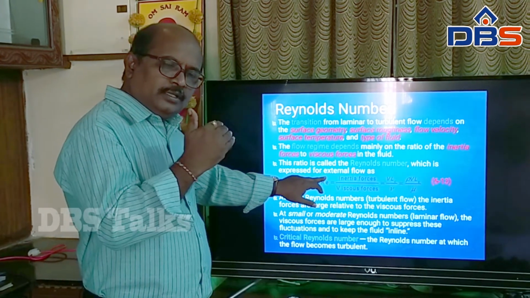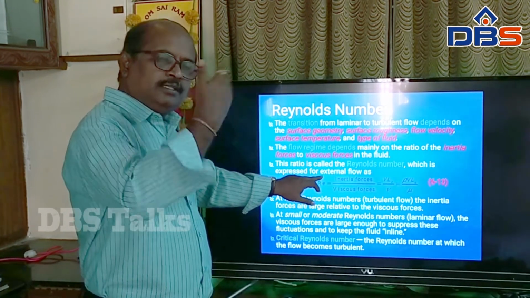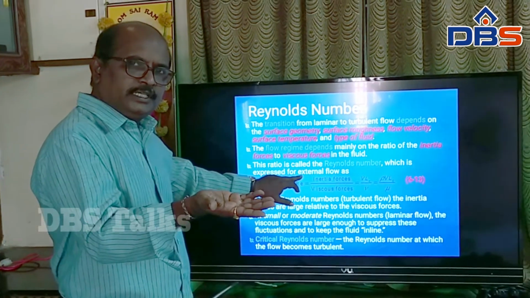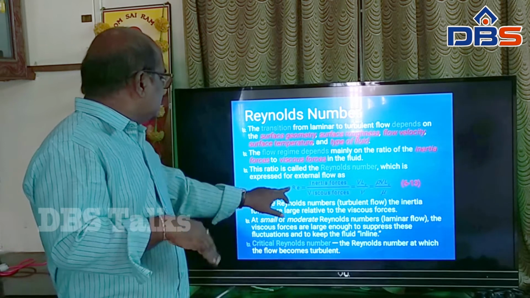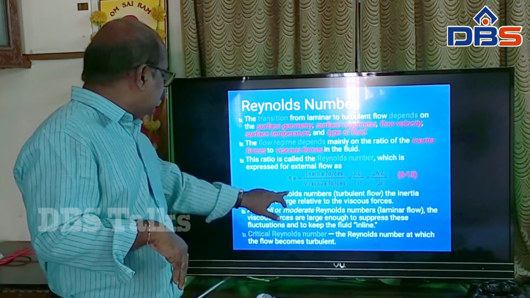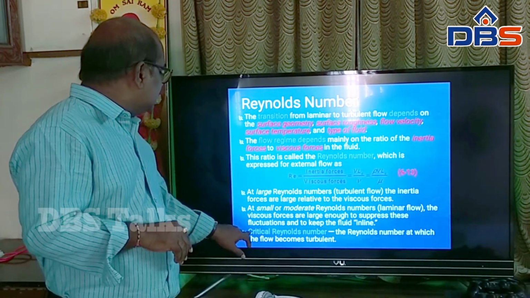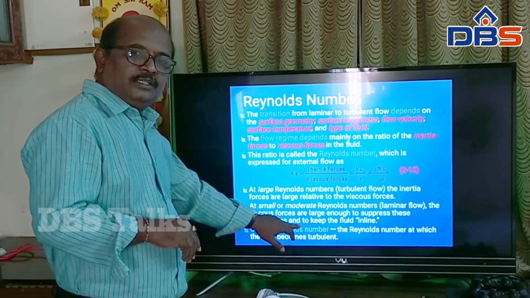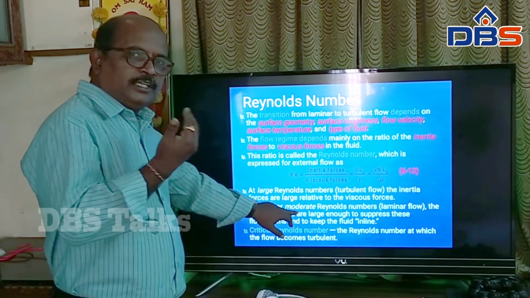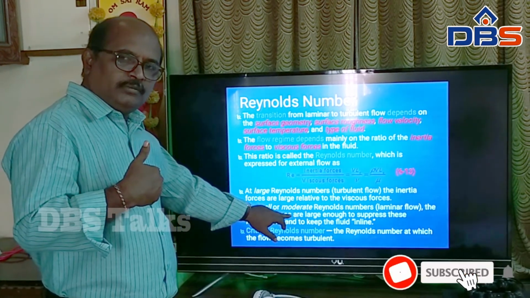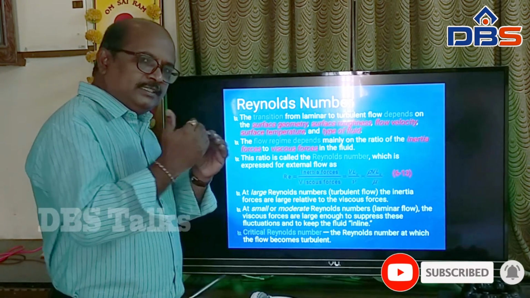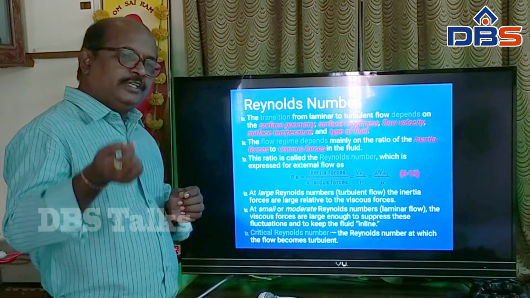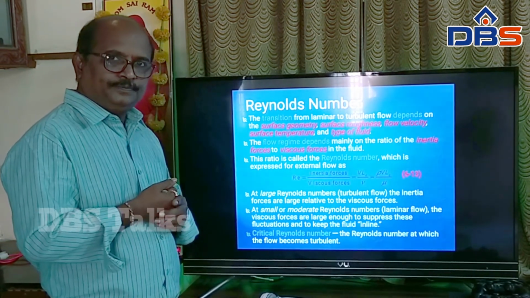If the Reynolds number is greater than 2300, we can take it as turbulent flow. So 2300 is the critical Reynolds number. Before the critical Reynolds number, the flow is laminar. After the critical Reynolds number, the flow is turbulent.